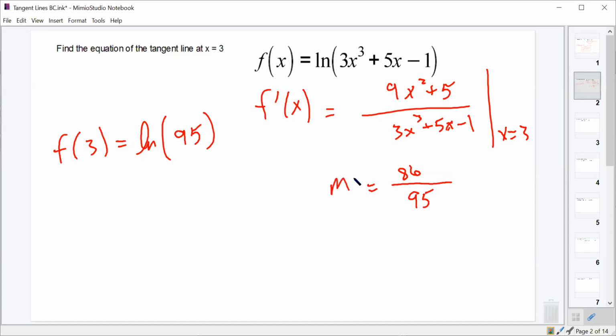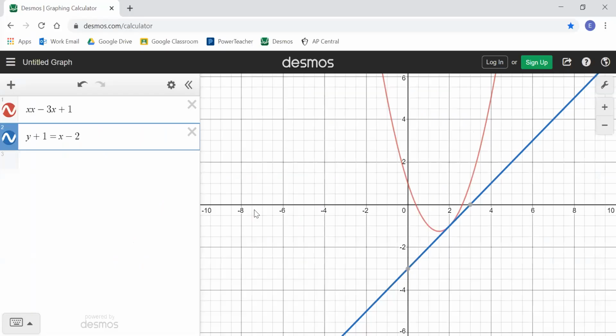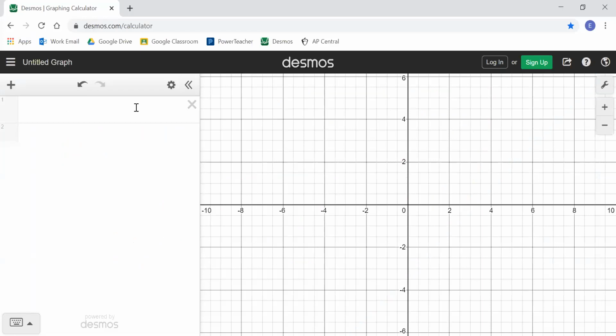So our equation should be y minus natural log 95 equals 86/95 of x minus 3. Everybody good with that? And remember, you can leave it in point slope form. No reason to convert it into slope intercept unless you particularly want to.